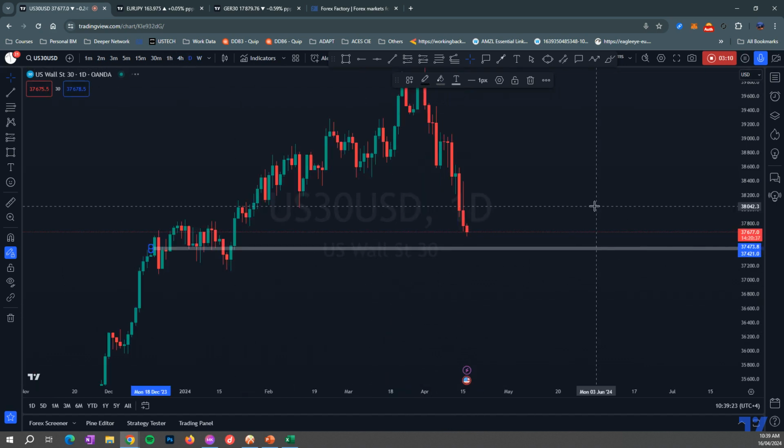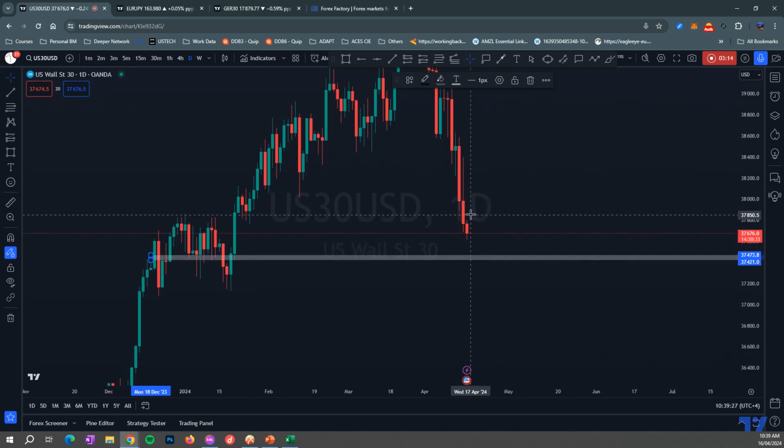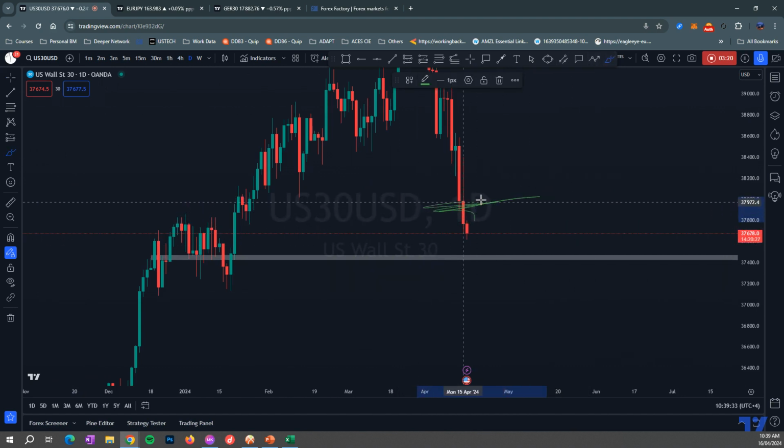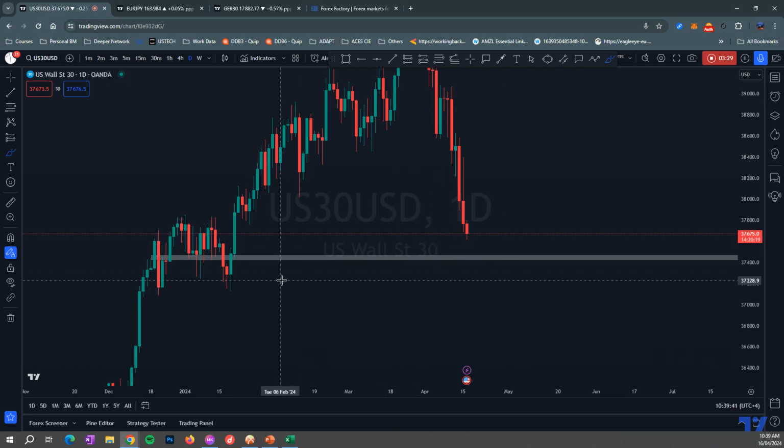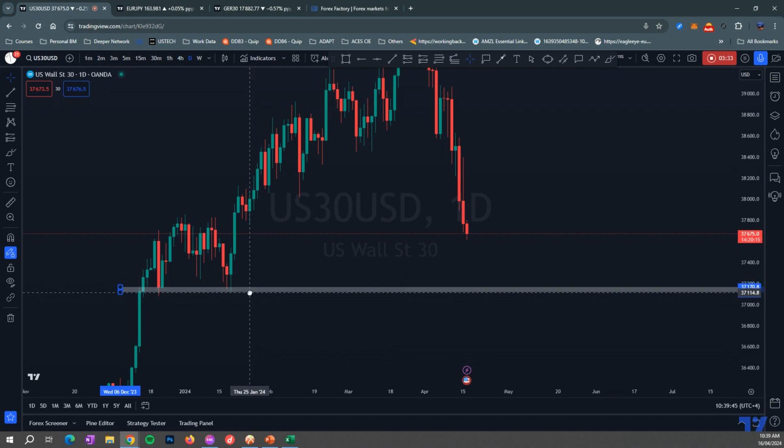For daily time frame, I can see it's pretty much bearish. But I want to see price actually come and retest this area. At least it's going to give me some confidence to continue in a bearish direction. But that's just my observation.